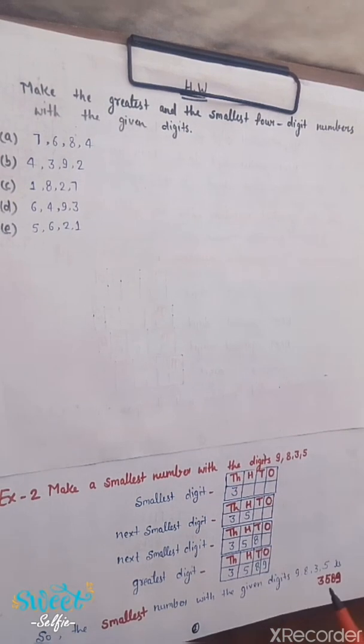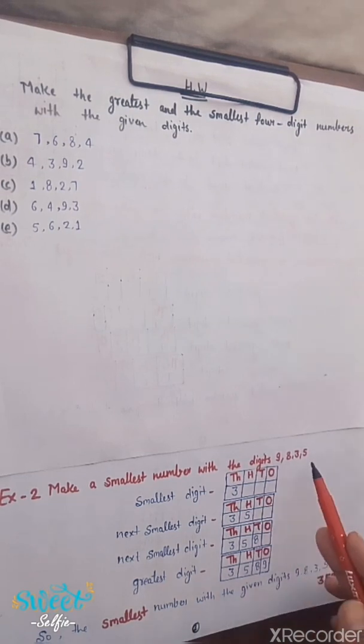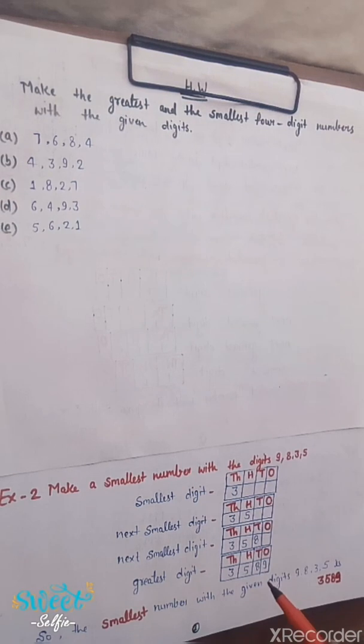So we have to write it at the ones place. So we can see here this is the smallest number using these digits: 3589. So the smallest number with the given digits is 3589. Okay.